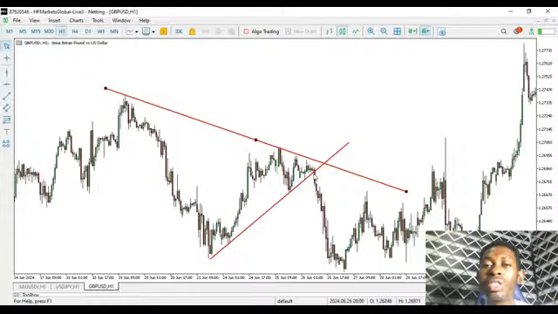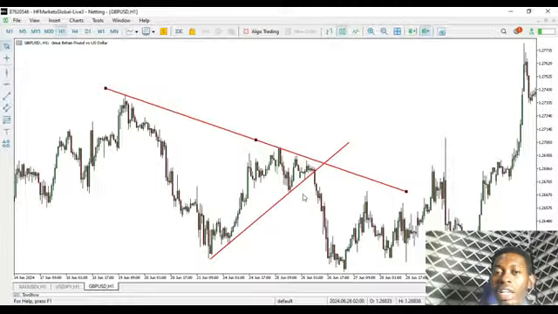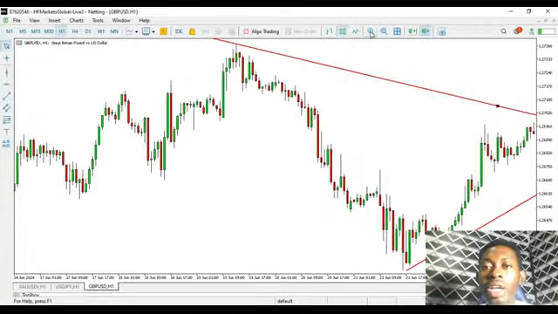Then you set your pending order at the tip of the candle that has just been rejected on the trend line. Okay. So this is what it means. Let me look at one of the previous examples.